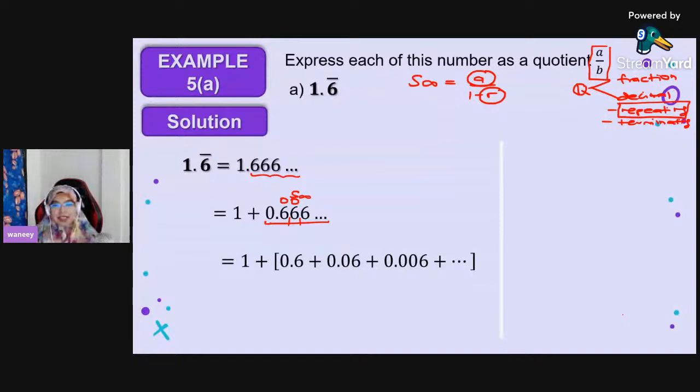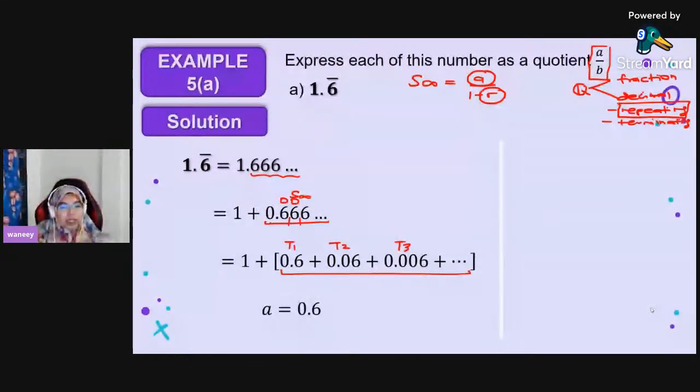0.006 plus so on. Now for the sequence at the back, I'm going to use S infinity. I'm going to calculate the value of A and the value of R. A is the first term, so this is my first term, second term, third term, and so on. A is 0.6. What about the common ratio?